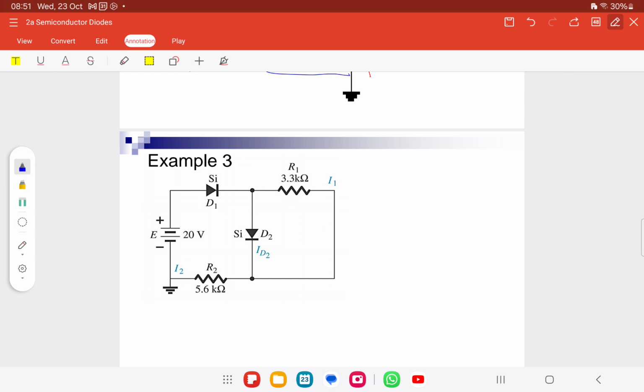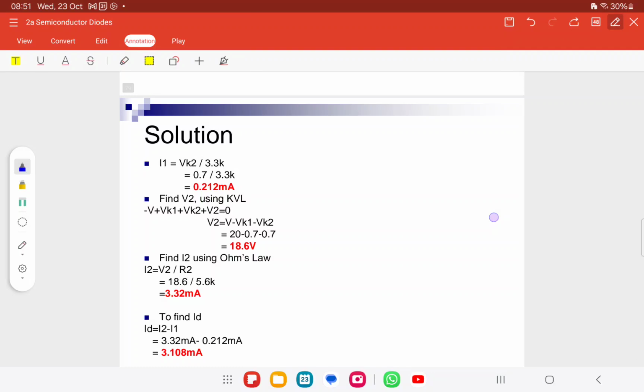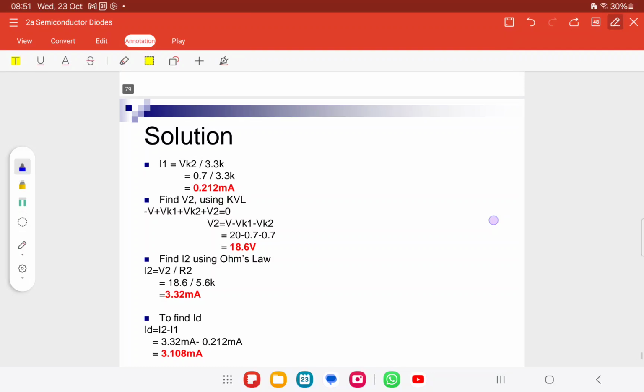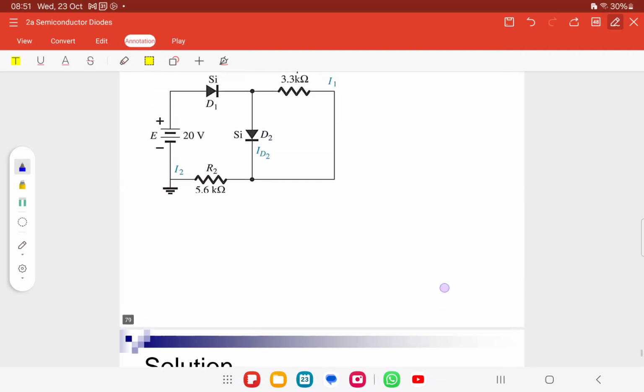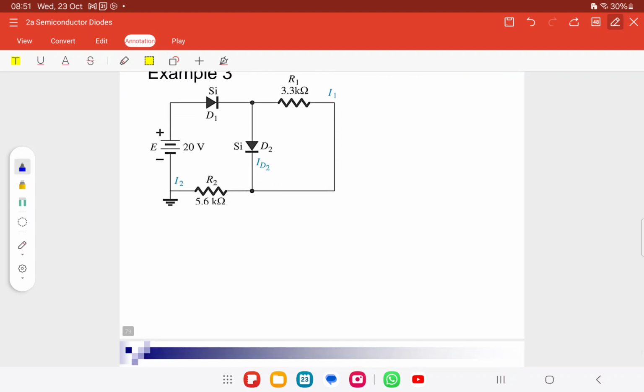Okay, next one is we have two loops. What happens when we have two loops? This one is for the first loop. I want in here. I2 is here.